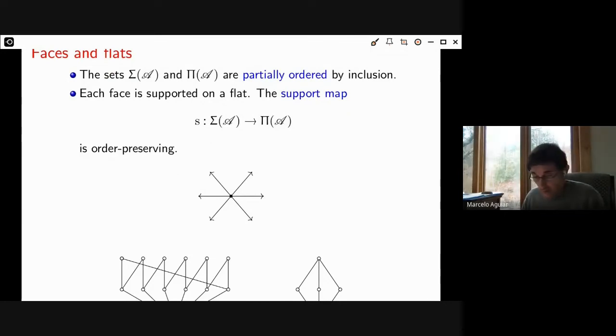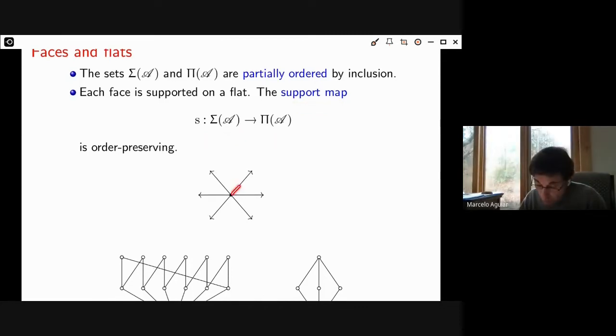Now let's see what kind of structure these 2 sets carry. First of all, they are partial orders, posets. They can be partially ordered by inclusion, because the elements are subsets of the ambient vector space. It is important to mention that there is a map that connects the 2 sets, called the support map. Every face is supported on a flat. For example, this ray is supported on this line.